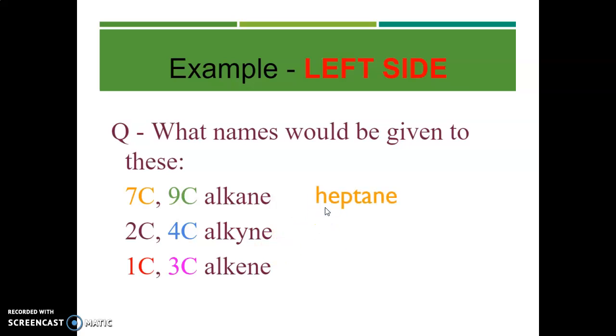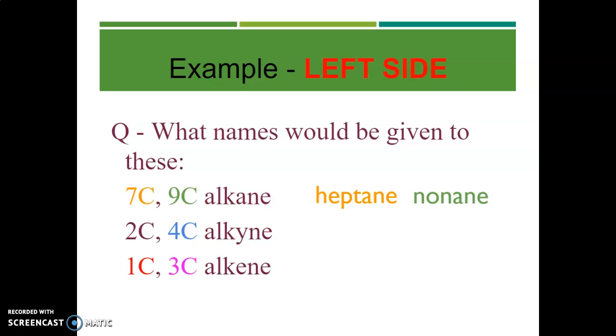All right, 9 carbons and still an alkane, single bond. The prefix for 9 is non, so nonane would be the name there. All right, so hopefully you guys got both of those correct. When we look at alkyne, I know yne tells me we have a triple bond, and we have a 2-carbon compound that has a triple bond in it.